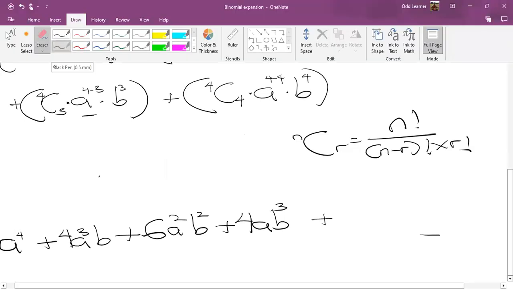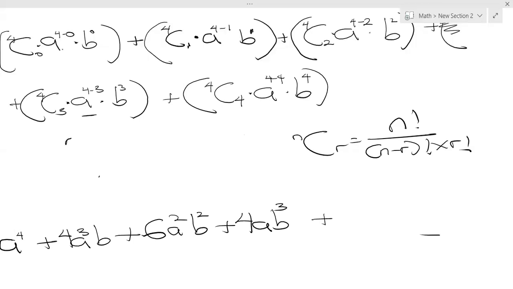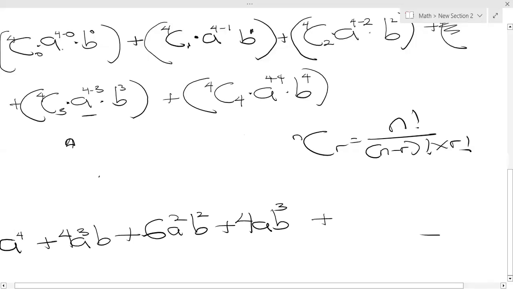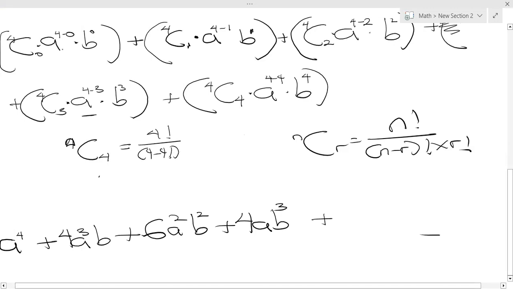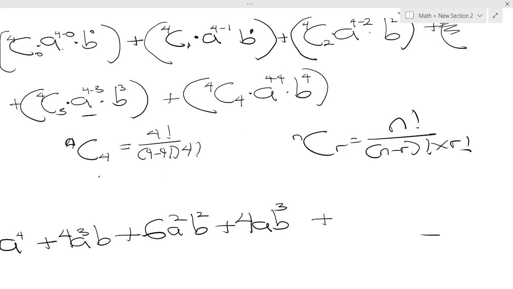Whenever you have nCn, let me say 4c4, which is 4 factorial over 4 minus 4 factorial, 4 factorial. 4 minus 4 gives you 0. 0 factorial is still 1. 4 factorial divided by 4 factorial will give you 1. So whenever you have this, just know the answer will always be 1.